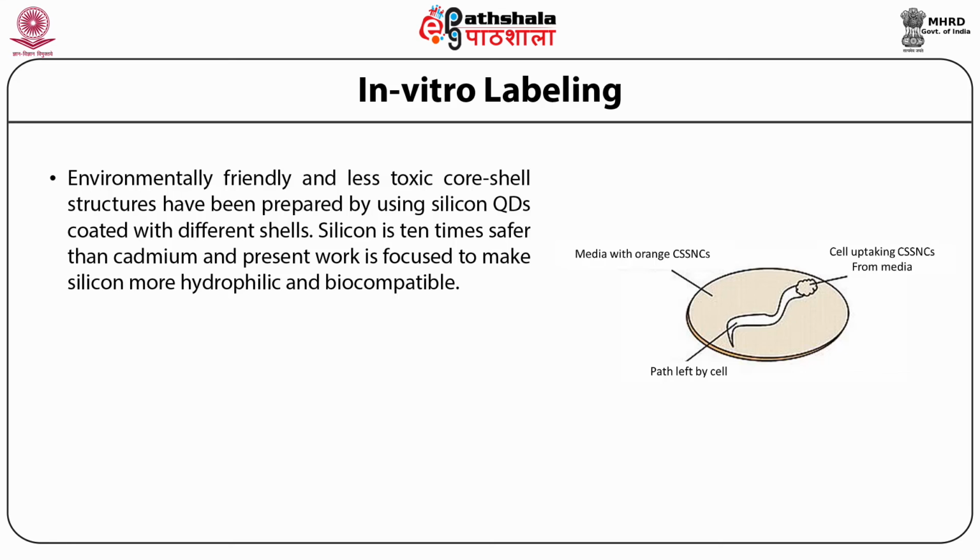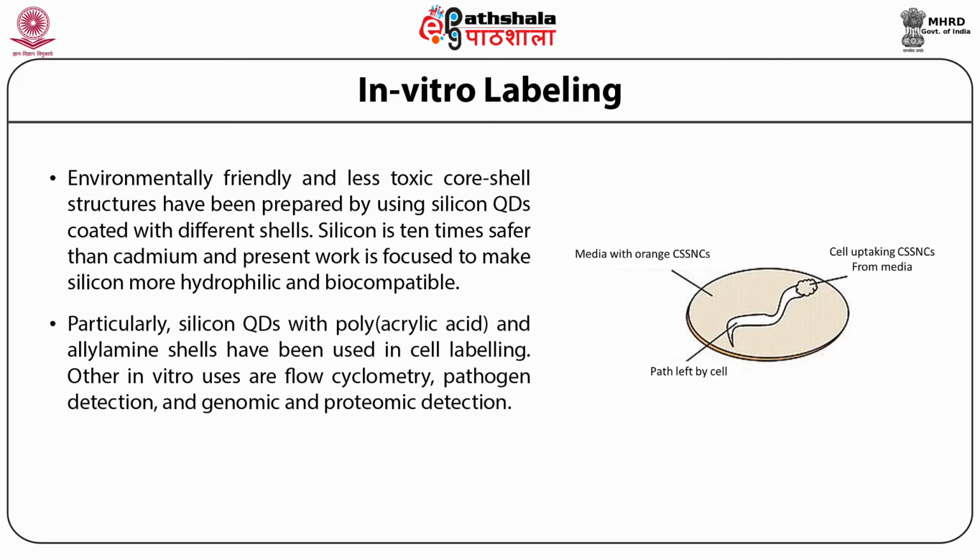Silicon is 10 times safer than cadmium, and present work is focused to make silicon more hydrophilic and biocompatible. Particularly, silicon quantum dots with polyacrylic acid and allylamine shells have been used in cell labeling. Other in vitro uses are flow cytometry, pathogen detection, and genomic and proteomic detection.